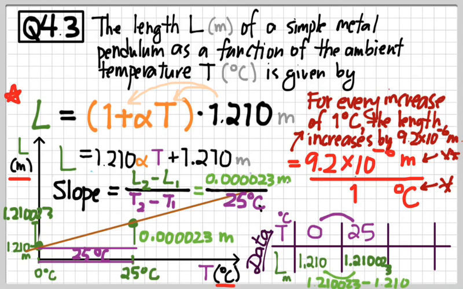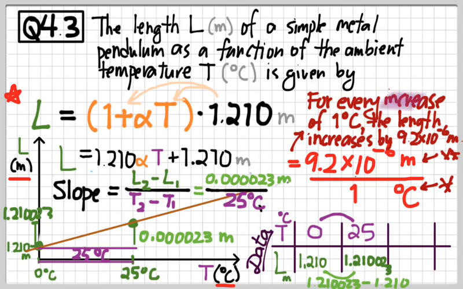So the numerator and the denominator are telling a story together, right? Neither one of them should be understood by itself, but rather they both together make this entire picture of a slope. That tells me that whenever the temperature goes up by 1 degree Celsius, the length of my pendulum goes up by 9.2 times 10 to the minus 6.